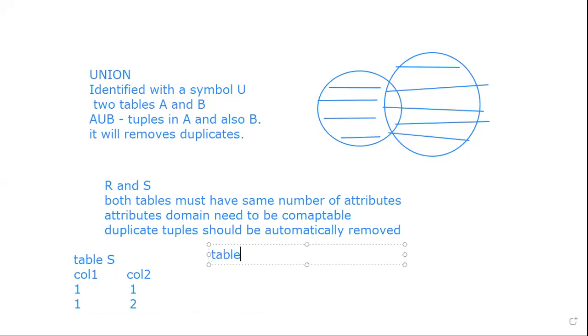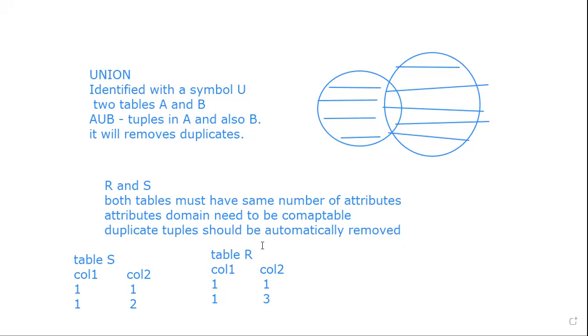Now take the second table, with column 1 and column 2. In column 1, I have the values 1, 1, and in column 2 the values 1, 3. Table S has 2 attributes and table R also has 2 attributes, so the first condition is satisfied: both tables have the same number of attributes.